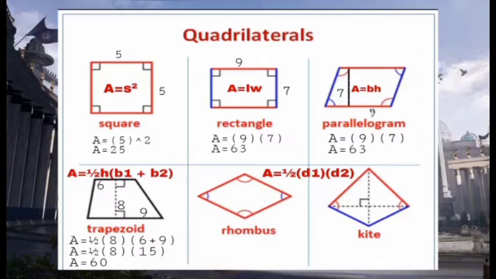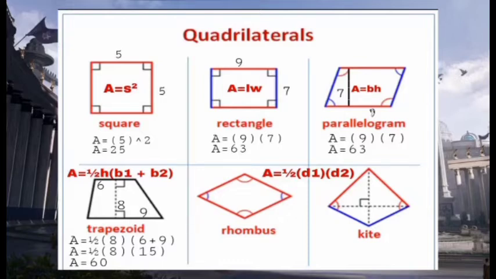Let's say the height of our parallelogram is 7, and the base is 9. So 9 times 7 is equal to 63. Therefore, the area of our parallelogram is 63.